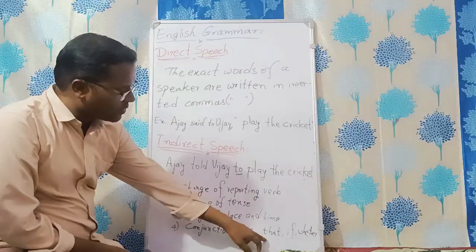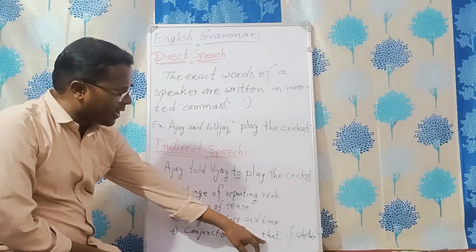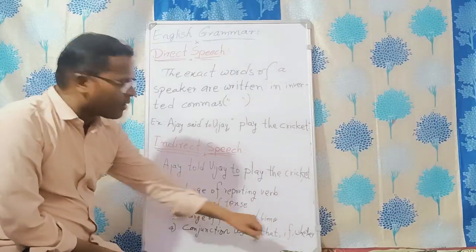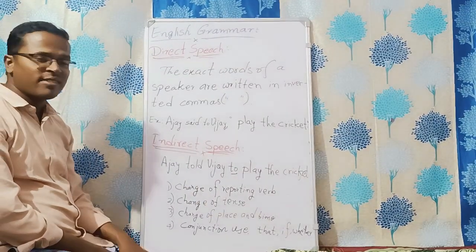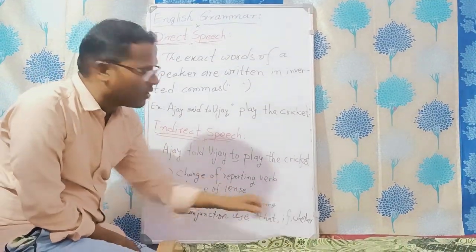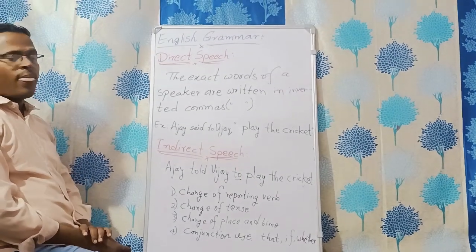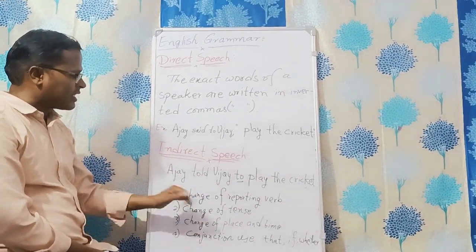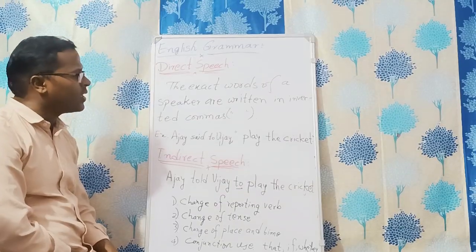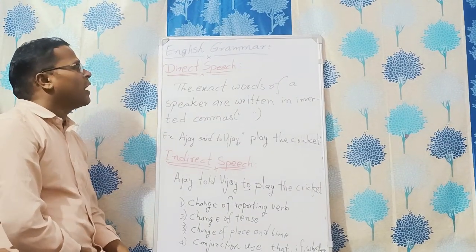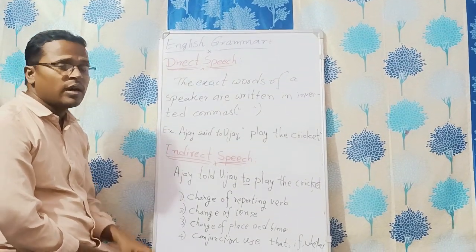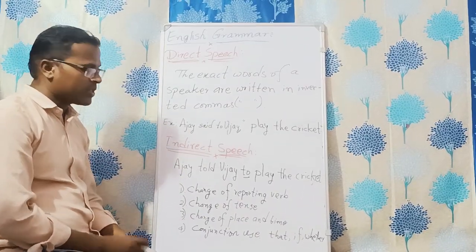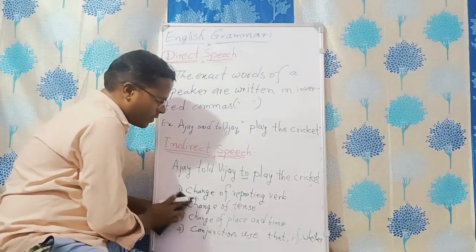If the sentence is declarative or exclamatory, we have to use that. And if the sentence is interrogative, meaning a question, you have to use if or whether. So by using these conjunctions, we have to combine the sentences. I hope you all understood very well. And one more thing, you have to use tense. The present continuous becomes past continuous.